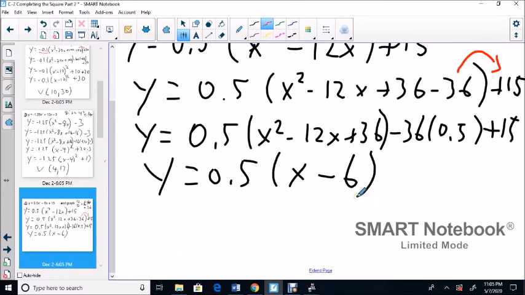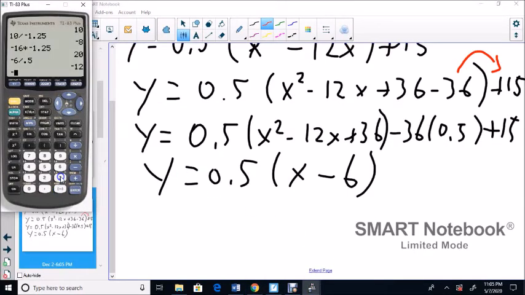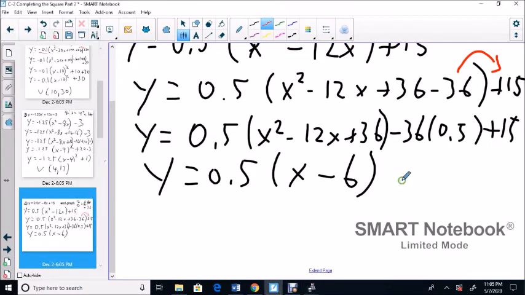So either take half of this, and then the square root of 36 is 6. And then here, I'll just punch this in the calculator. I'll do it all in one shot: negative 36 times 0.5 plus 15, and I get negative 3.